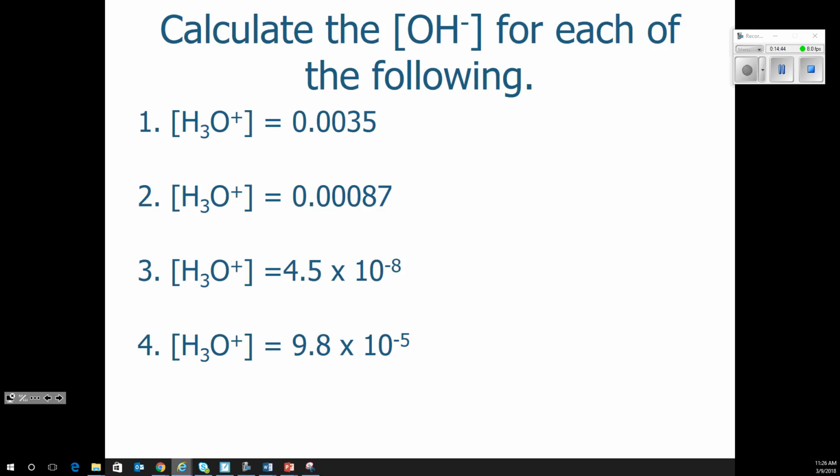Okay, let's have Kylene do number 1. Kate and Schroeder do number 2. Landon's not here. Cameron, do number 3. And Isaac, do number 4.